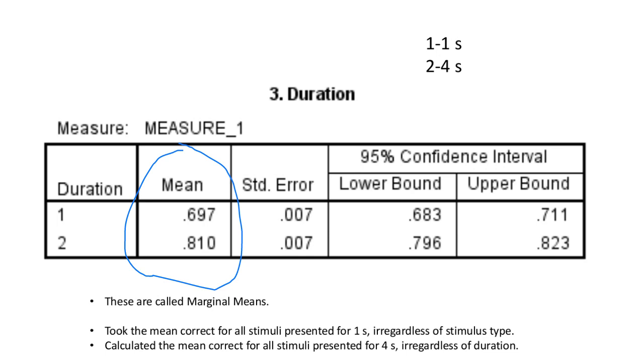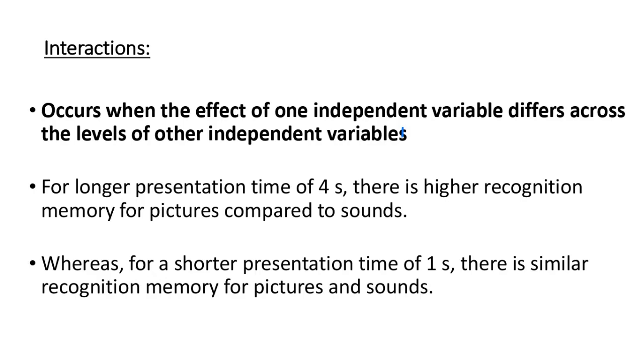What does this output show? Yeah, irrespective of the stimulus type, participants showed higher mean correct for stimuli presented for 4 seconds compared to 1 second. But we can't really make a conclusion based on just the time of 4 seconds.